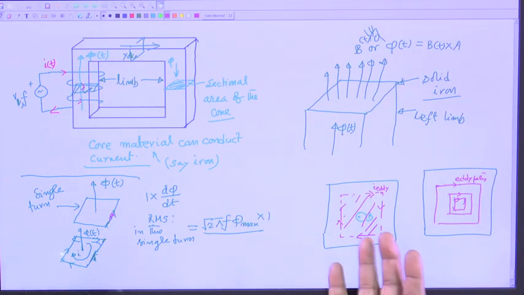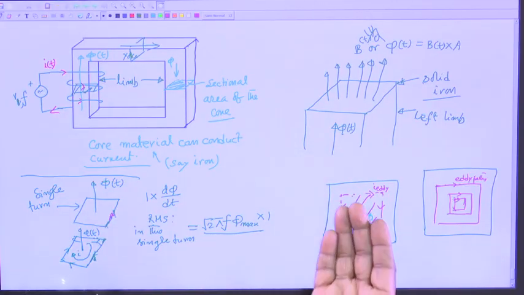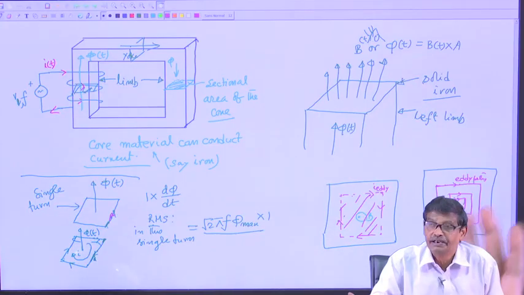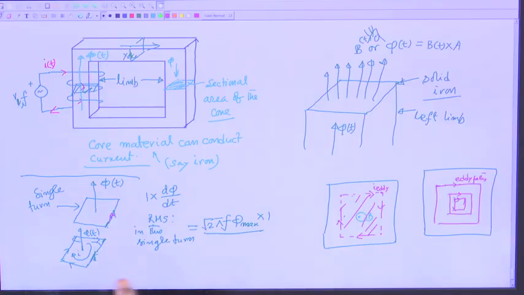If it is a solid piece of iron, and if a time varying field exists here perpendicular to this cross sectional area, then eddy currents will be flowing. It is not in the coil, it is induced voltage in the core, and there will be eddy currents.